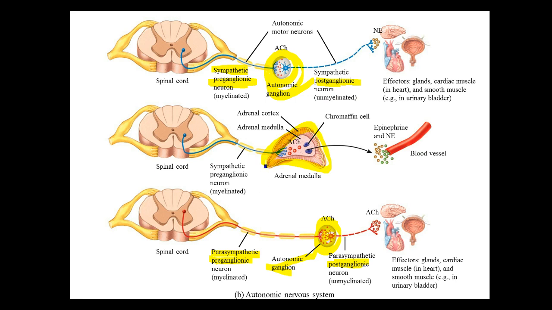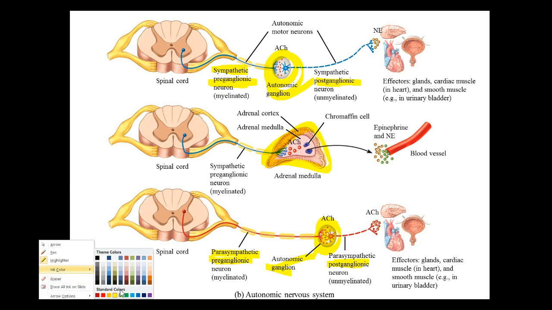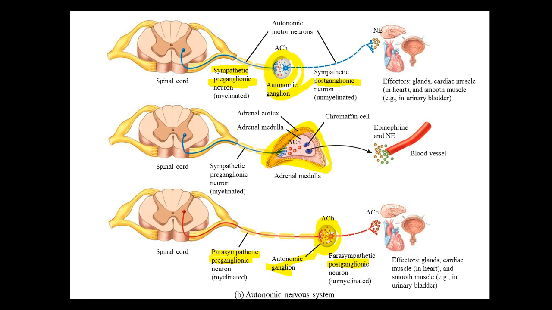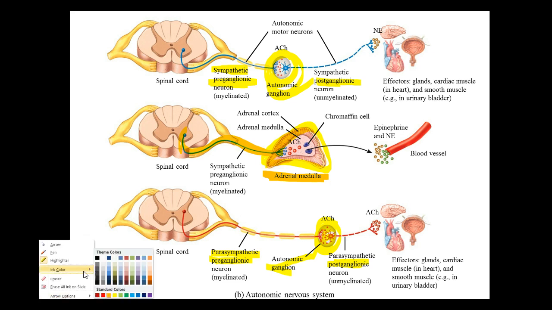If we look at this picture, you'll notice that we still have our first motor neuron exiting the spinal cord, but we only have one. That first motor neuron is going to stop at the adrenal gland, specifically in the center of it, which is called the medulla.